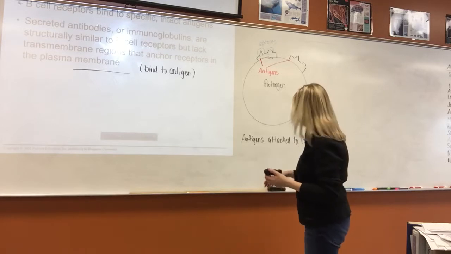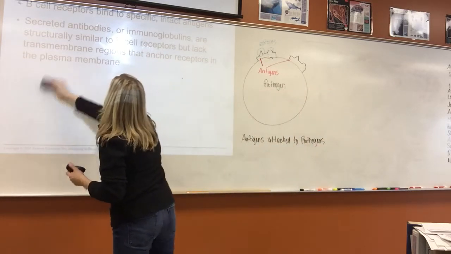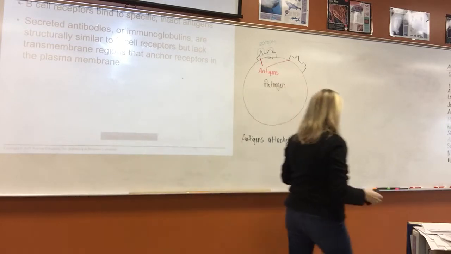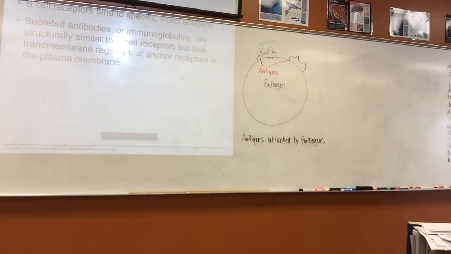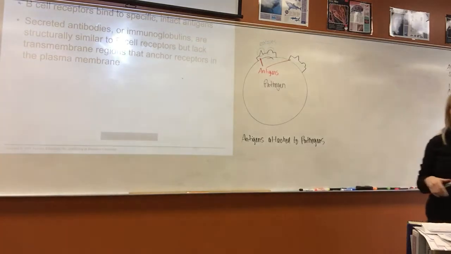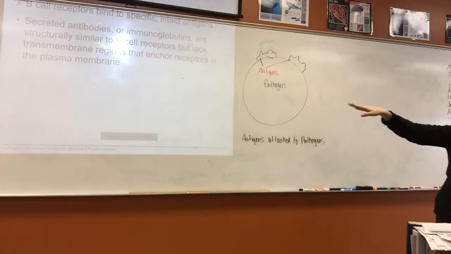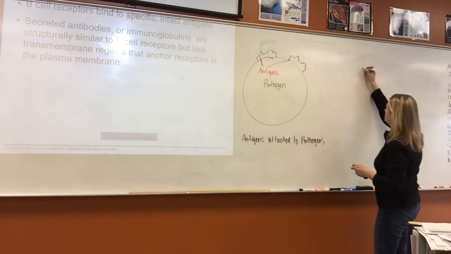So your B cell receptors bind to specific intact antigens. Secreted antibodies or immunoglobulins are structurally similar to B cell receptors, but lack transmembrane regions that anchor receptors in the plasma membrane. You have some space underneath here, so I'm going to draw a few pictures to illustrate what I mean with B cells.